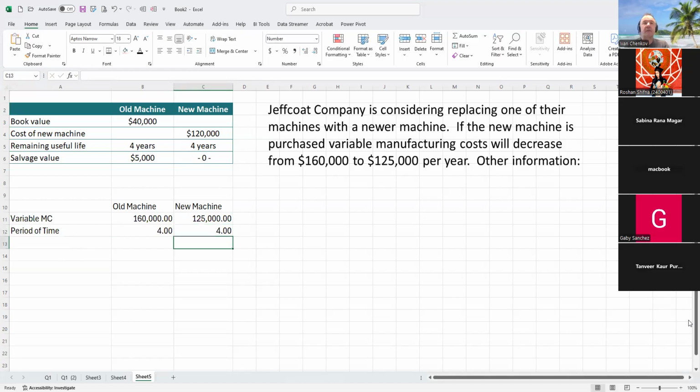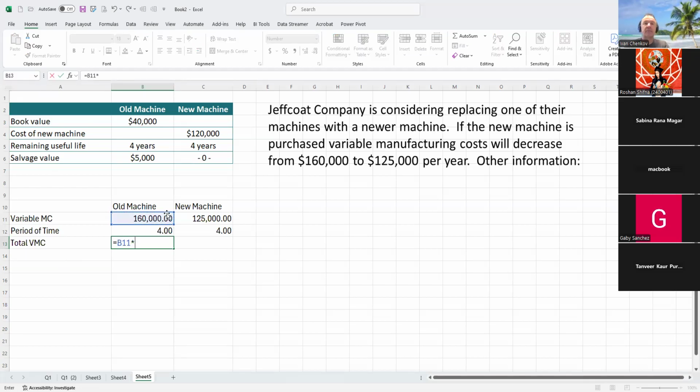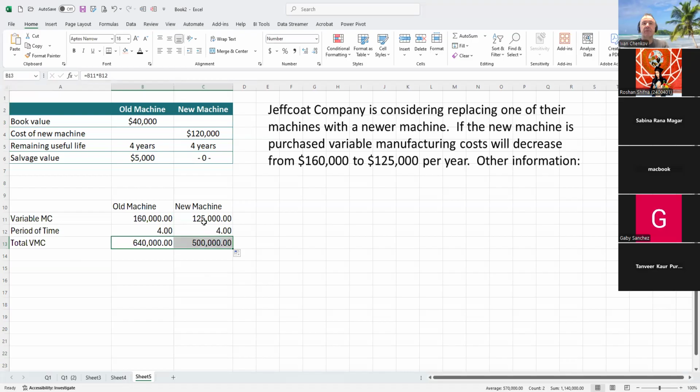And for 4 years, the total variable manufacturing cost is this one times that one, right? Yes. And for the new machine, that's going to be the new cost.